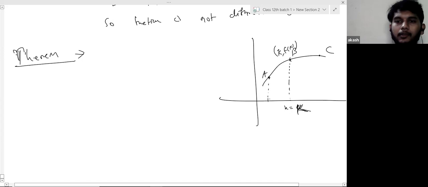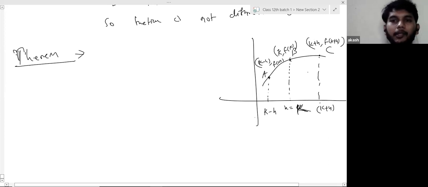And suppose this is K minus H, a small quantity lesser than K. So we can call this K minus H comma f of K minus H, and K plus H, so this will be K plus H comma f of K plus H. So we located 3 points with these coordinates.